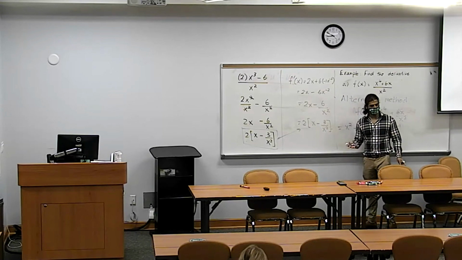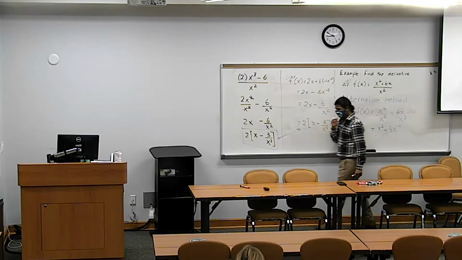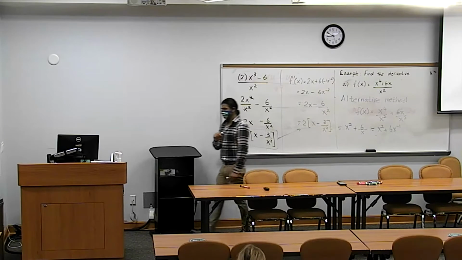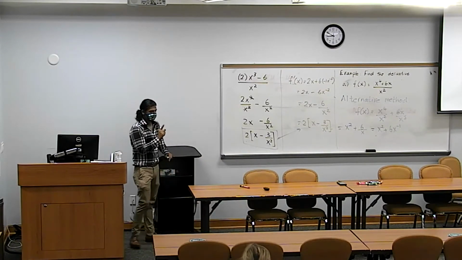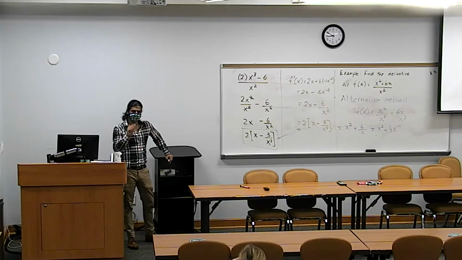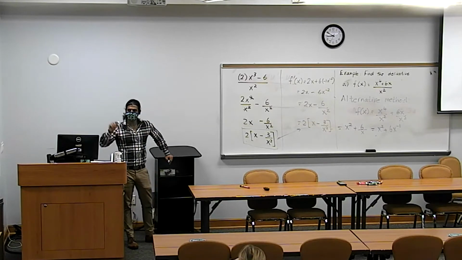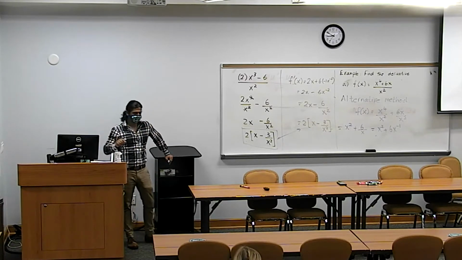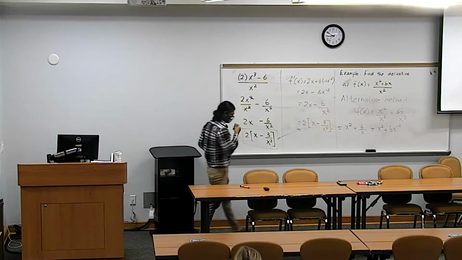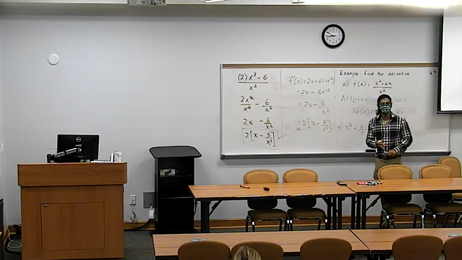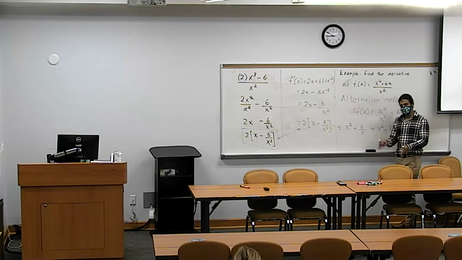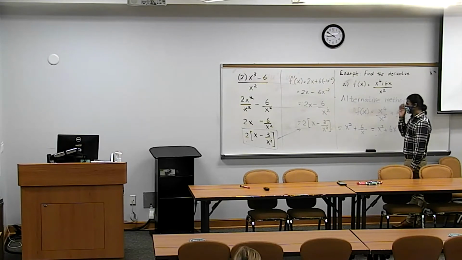It became easy. Last time when I did product rule, I showed a similar example where I said, well, you don't have to use product rule unless it is absolutely necessary. The same argument applies to quotient rule. Don't use quotient rule unless it is absolutely necessary, because you're going to end up with the same answer. So it is a matter of choice.